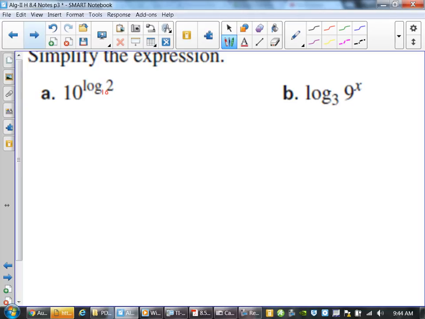That's all it means. Log base 10 is the standard base. So if there was a 3 in front of it, it's still a 10. If it was 3 log of 2, it would still be log base 10. You could not simplify that. Okay.